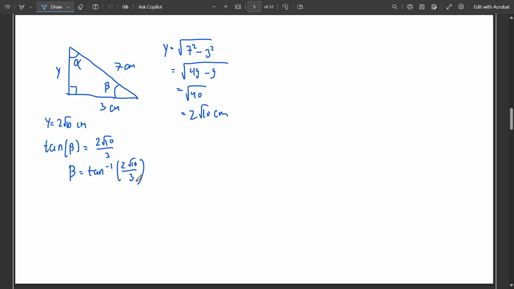Well, the tangent inverse of 2 square root of 10 over 3, using your calculator, is tangent inverse of 2 square root of 10, and then all of that over 3.